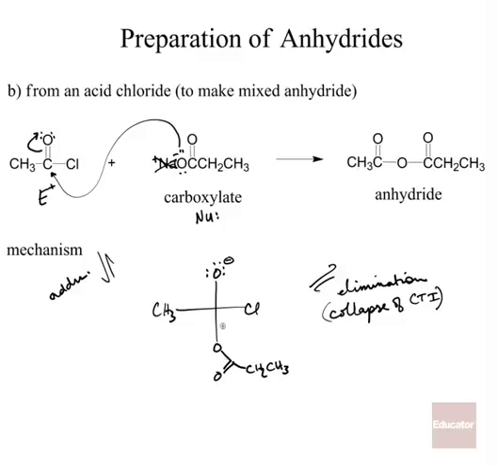So now when I look at my CTI, my charged tetrahedral intermediate, and I decide which leaving group is going to kick out, which one wins? Because we have two possibilities. Remember, a leaving group is anything with lone pairs, so we have two possibilities. And while this is a good leaving group, the chloride is better. This is our better leaving group. So it kicks down and kicks off, and we go to our anhydride.